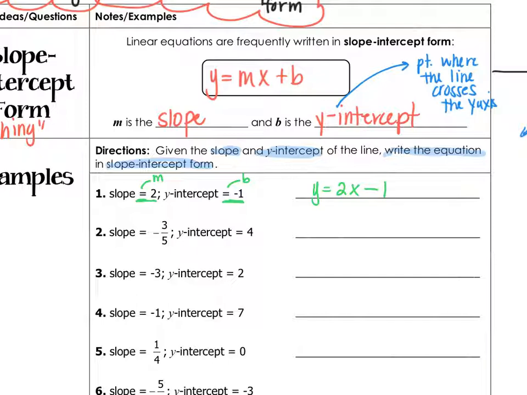If our slope is -3/5 and our y-intercept is 4, here's our m, here's our b, y is equal to -3/5 x plus 4. Notice how this one I wrote plus because my y-intercept was +4. Here I wrote minus because my y-intercept was -1. So I would write plus -1, but why do we write plus negative? It's just -1.